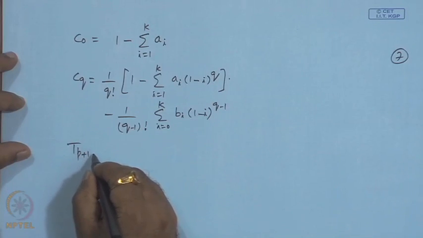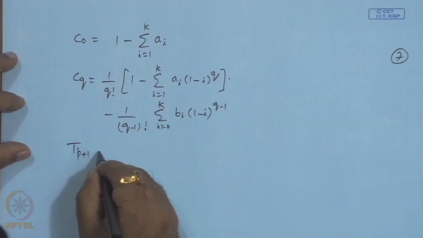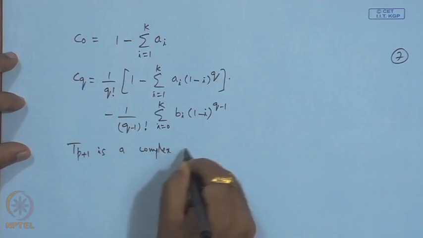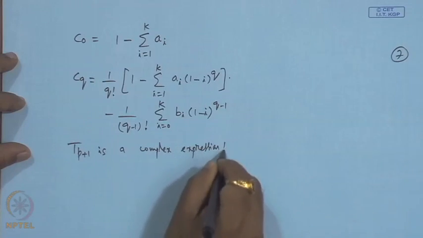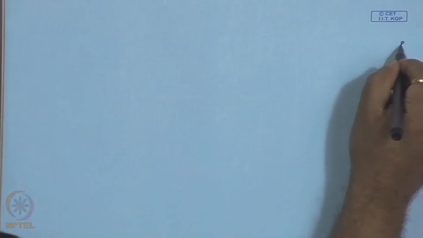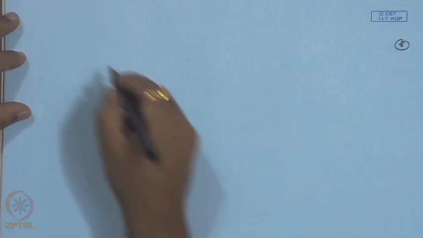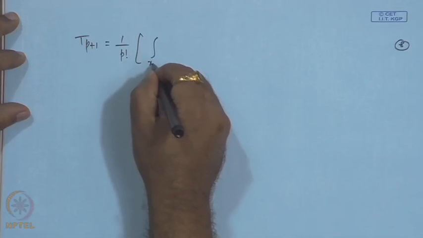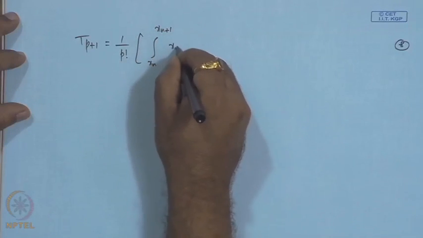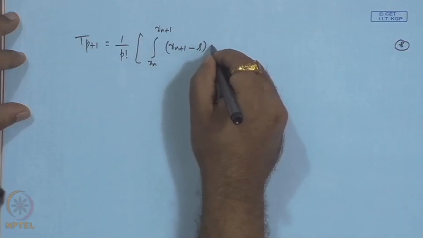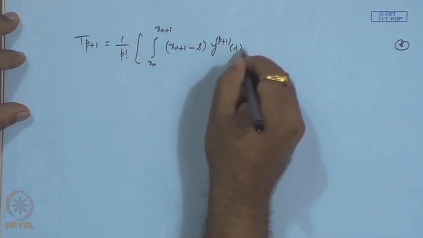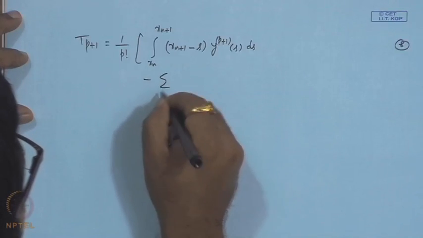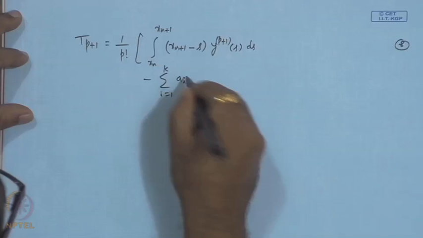So, T p plus 1 we can write it, so it is quite cumbersome.